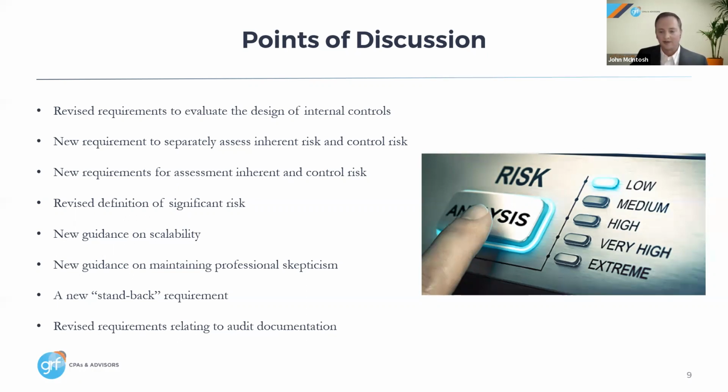It offers revised definitions for the term significant risk. It gives new guidance on the scalability of audits and new guidance on maintaining professional skepticism during an audit. The standard also has a new stand-back requirement and, of course, revised requirements relating to audit documentation.